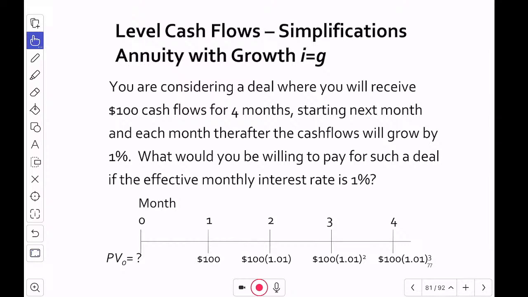What would you be willing to pay for such a deal if the effective monthly interest rate is 1%? So this is the timeline for this problem. Same as before. First step, identify timing of payments.